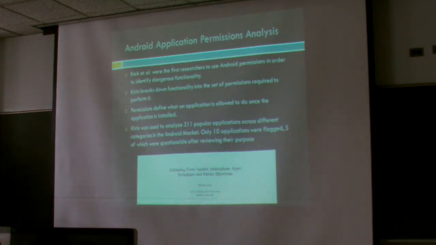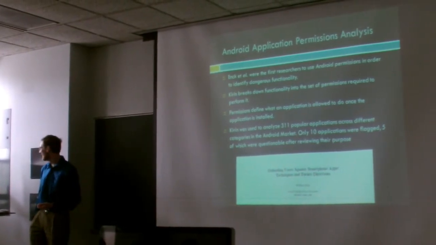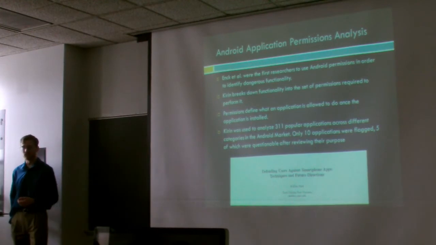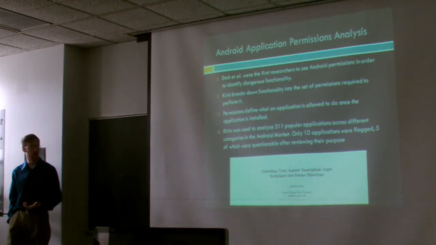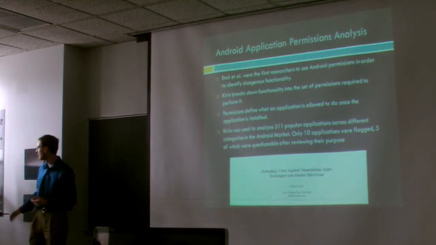The next researchers, I think in 2011, were among the first to use Android permissions as a means of identifying dangerous functionality in applications. They broke down functionality into the set of permissions needed to perform it, because permissions define what an application is allowed to do at runtime once it's installed.